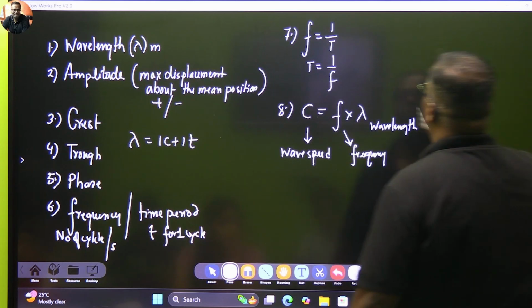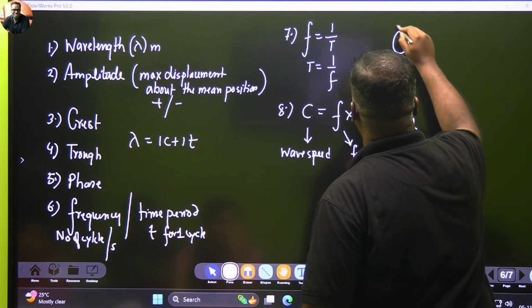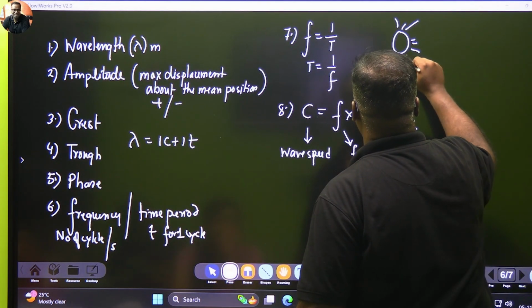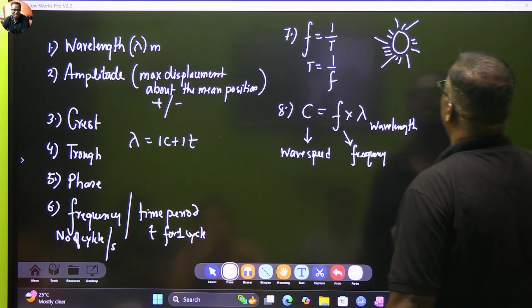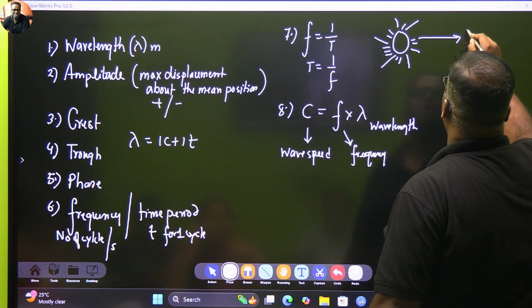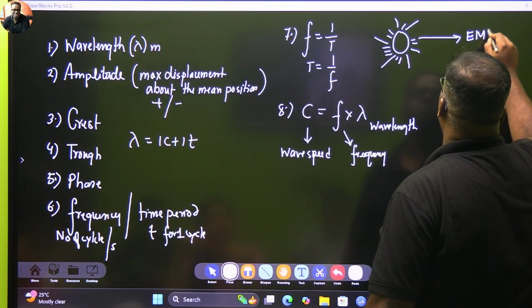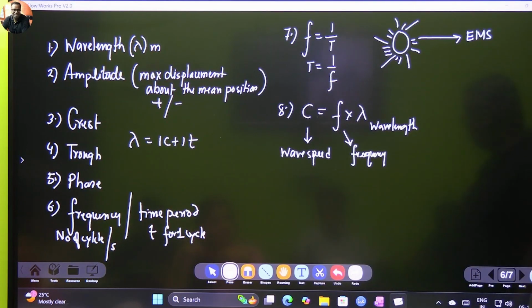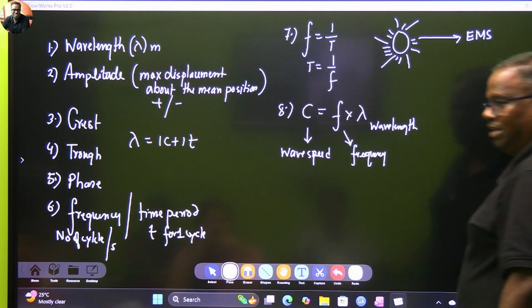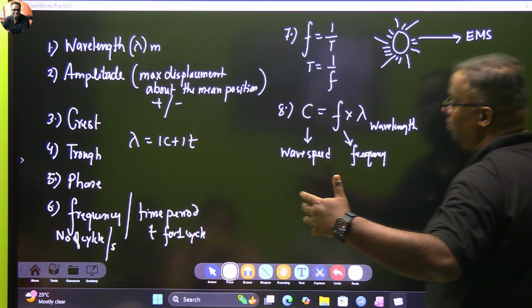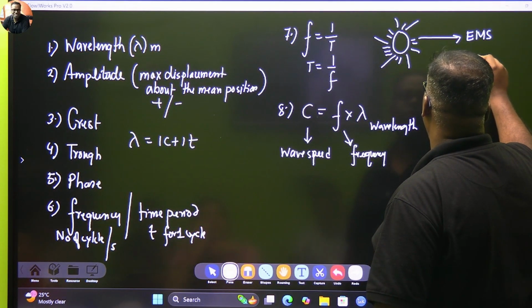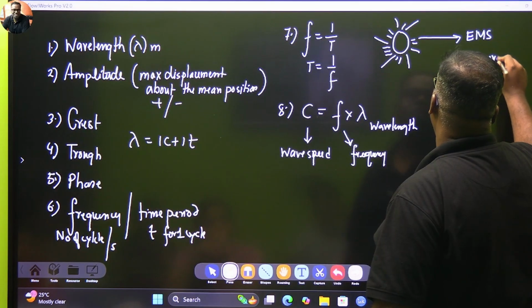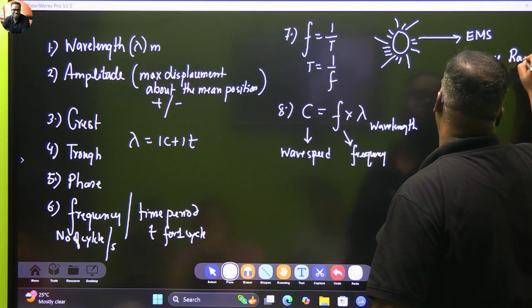Now we spoke about the sun in some chapter. Where did you read it? You read it right here. The sun gives you what? The electromagnetic spectrum: gamma, X-ray, UV, visible, infrared, microwave, radio. So in that spectrum, we said that there is a wave called microwave, and also a wave known as radio wave.